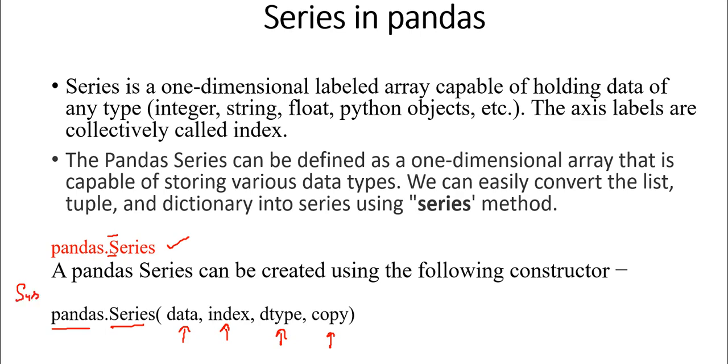Data means the data with which you want to create a series object, then the index labels, the data type of the column values, and the copy. So these are the four attributes for a series object.